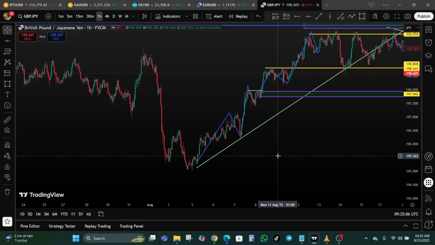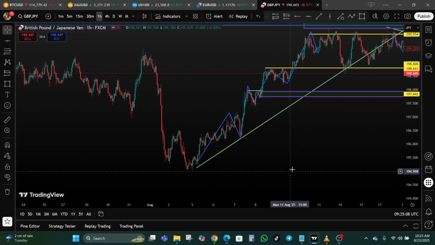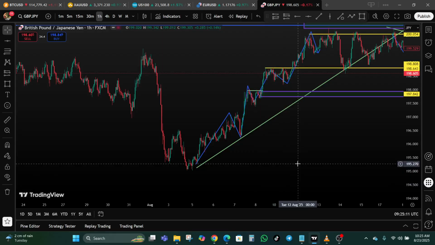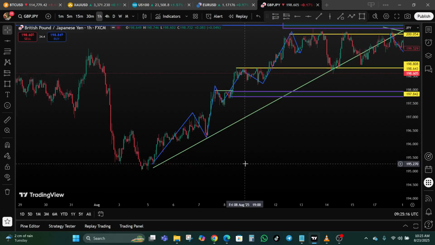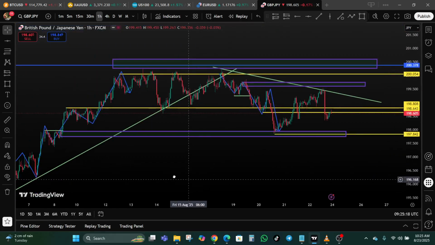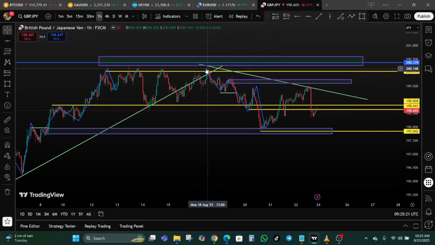So how do you apply all this in your own trading? You have to start by marking the structure on your charts. Look for recent highs and lows to identify where liquidity is resting.